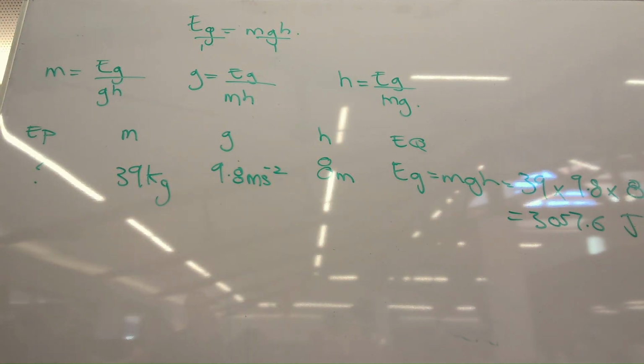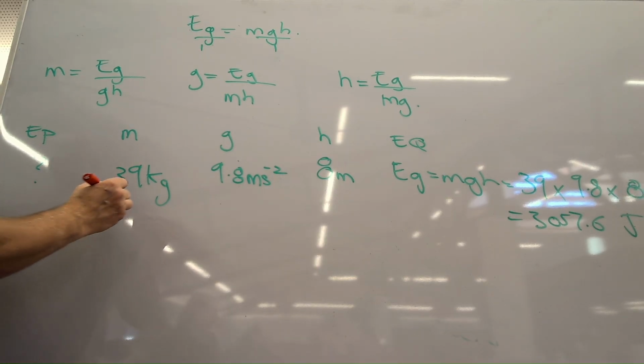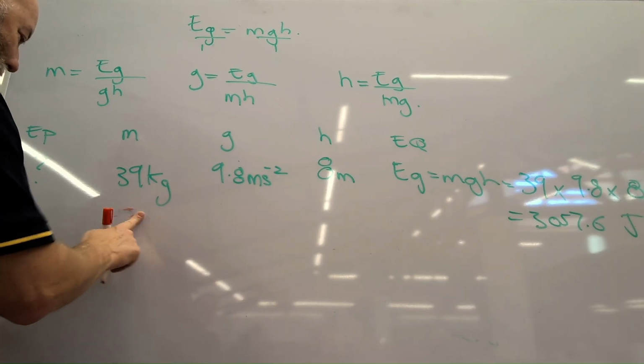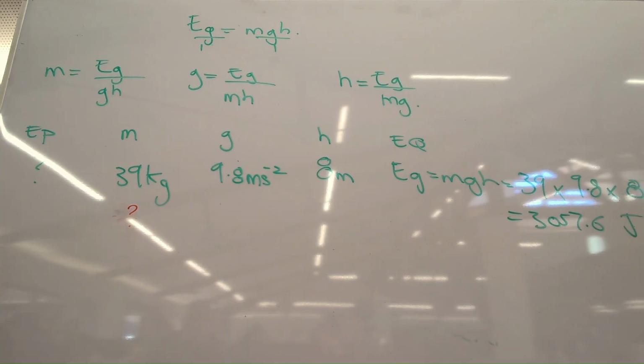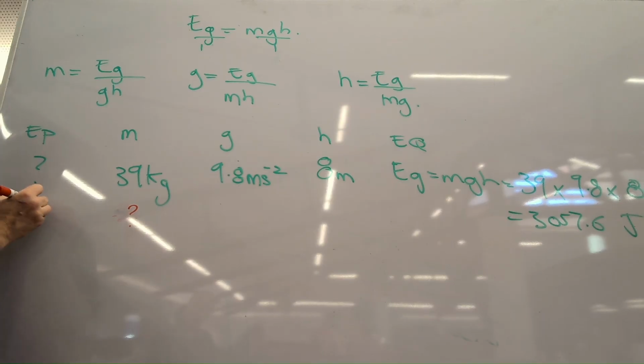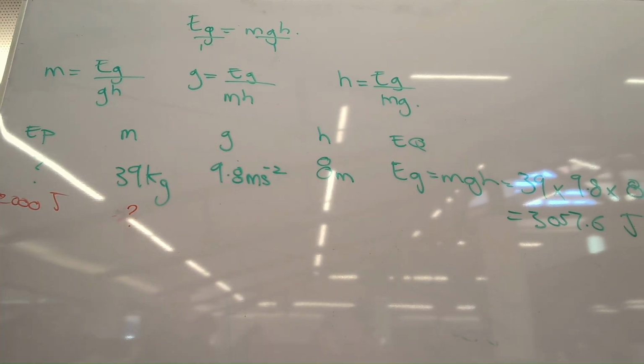Does anyone here own a rabbit? All right, you own a rabbit. Now, we want to try and calculate the mass of your rabbit. Okay? Your rabbit, when it was on top of your house, had, we'll make it, 2,000 joules of energy.